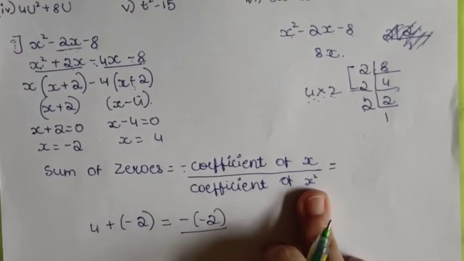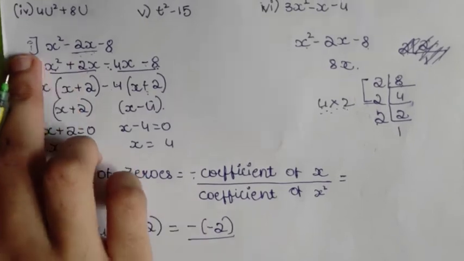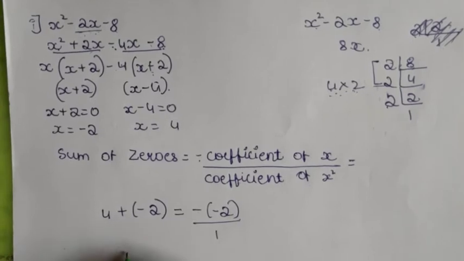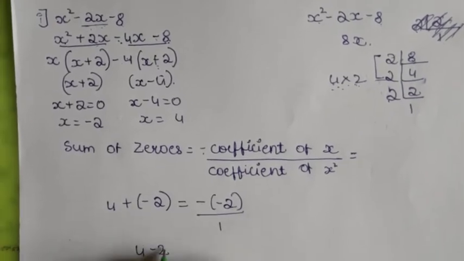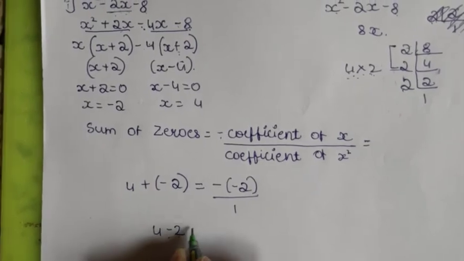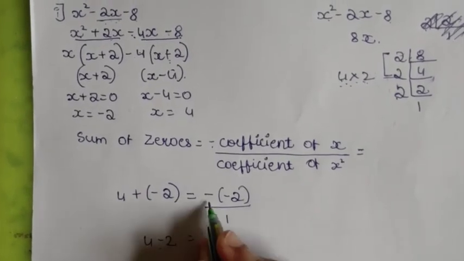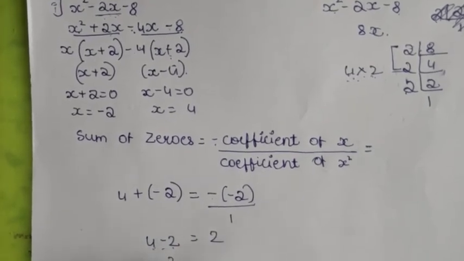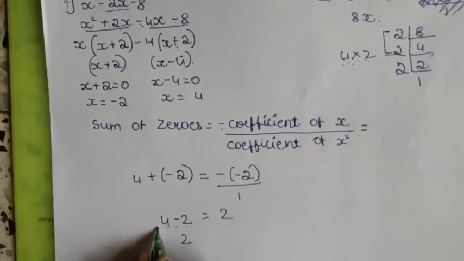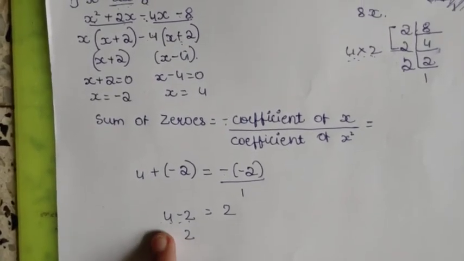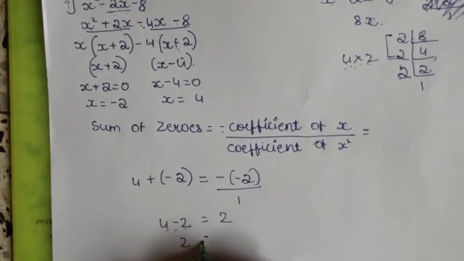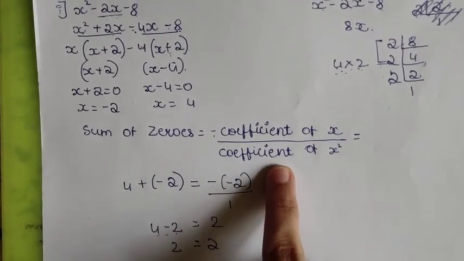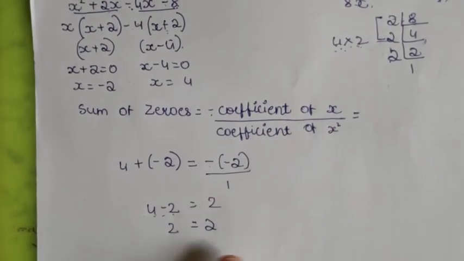For x square the coefficient is nothing, that means 1. So it becomes 4 minus 2, which is 2. Plus minus is minus 2, and 4 is the greater number, so the sign is plus. When we add these numbers we got 2, and with the formula we again got 2.